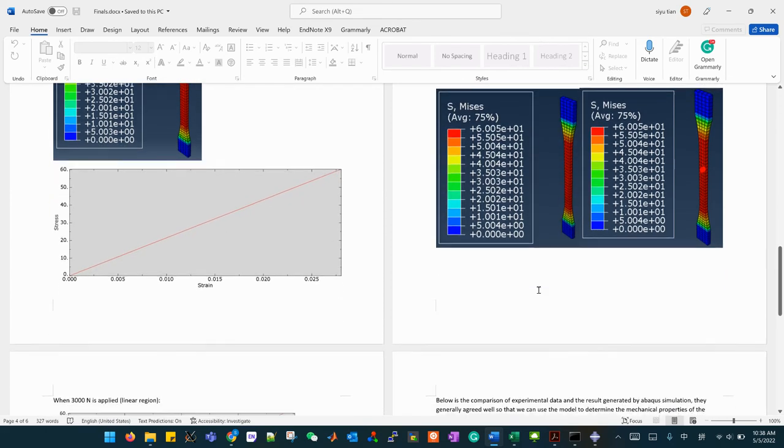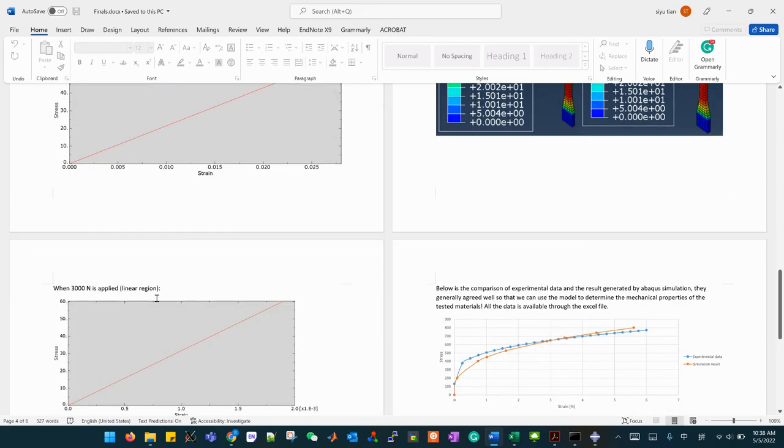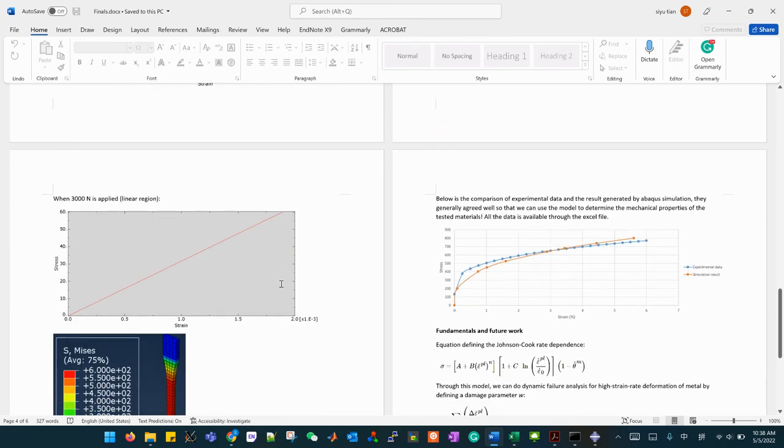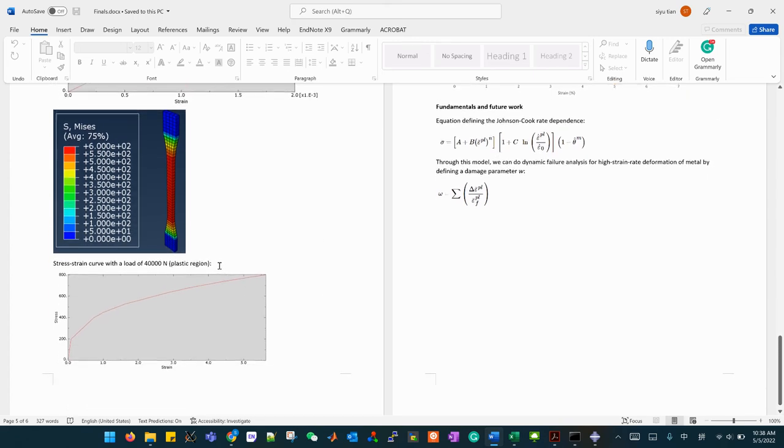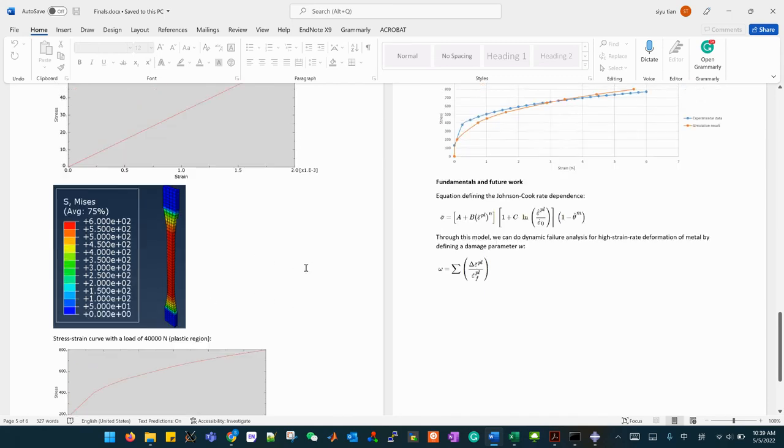After that, we apply a load of 3000 Newton to stretch the sample. Here are the results. The strain is very small, which is in the elastic range. But when we further increase the load to 40k Newton, you will see the result is a combination of elastic as well as plastic behavior.